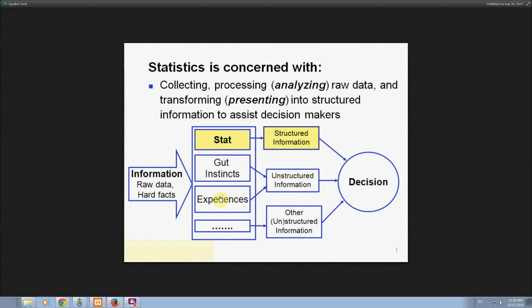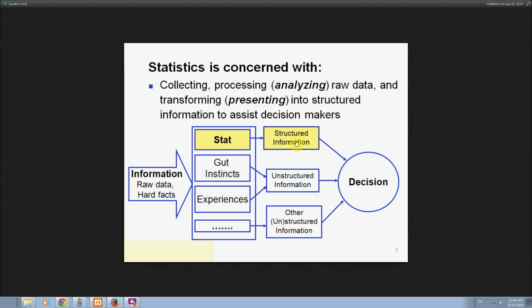Our experiences vary from one person to another, and our gut instincts may change based on how we feel, for example, or even perhaps our experiences. So while these are very valuable ways to use information for making our decisions, there are times for which we would want to be more objective and reliable, meaning that no matter who is asked, the statistics are going to be the same.